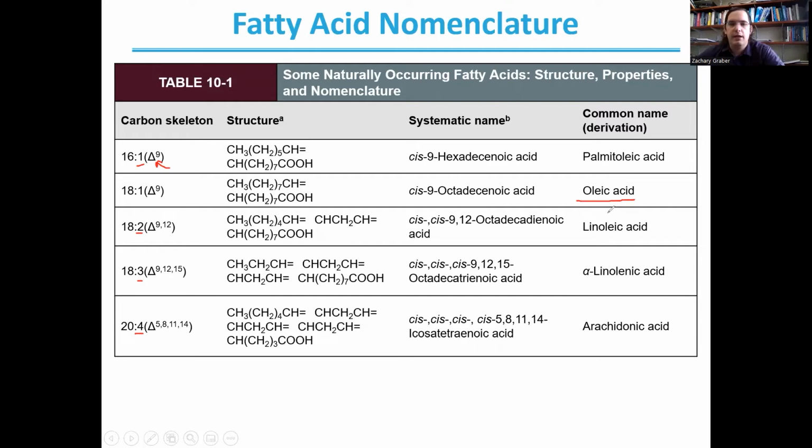This is found in olive oil, for example. Linoleic acid is a relatively common polyunsaturated fatty acid. Arachidonic acid is one of the most important polyunsaturated fatty acids. So with our delta 14, this would be an omega-6 fatty acid.